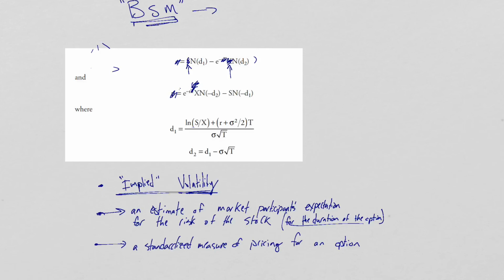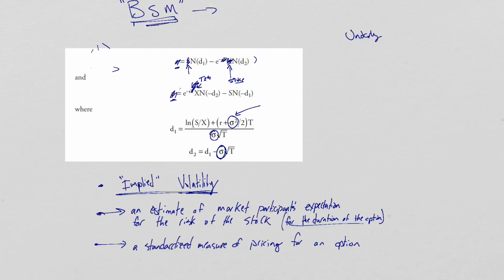By backing out the standard deviation in this way, getting an implied standard deviation based on market prices, and simultaneously controlling for things like differences in strike price between the options and differences in time to maturity, you're getting a measure of how expensive or cheap one option is versus another on the same underlying.